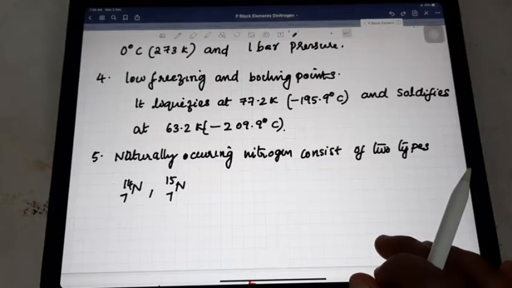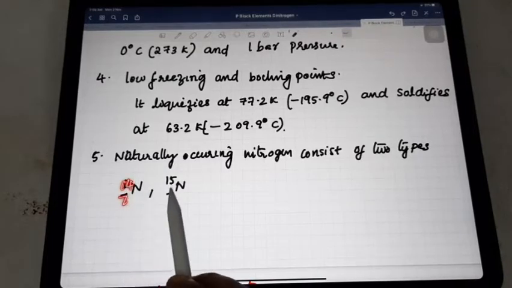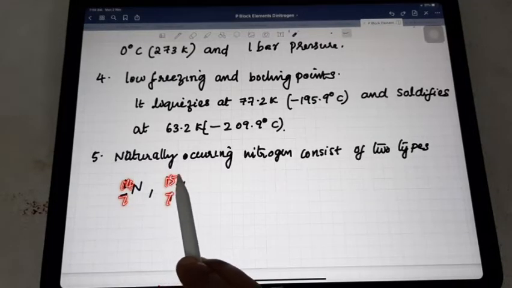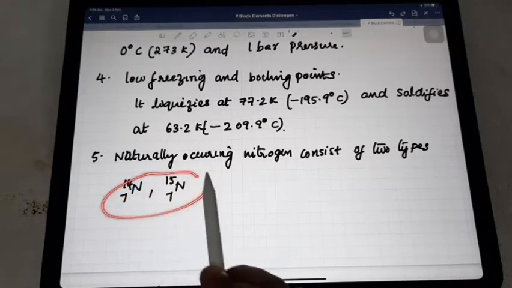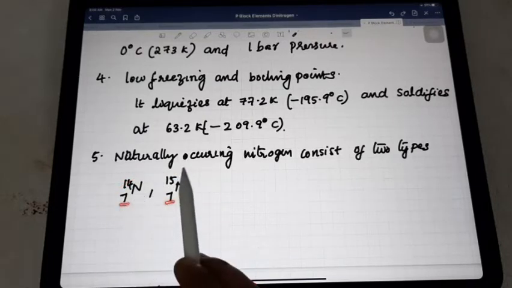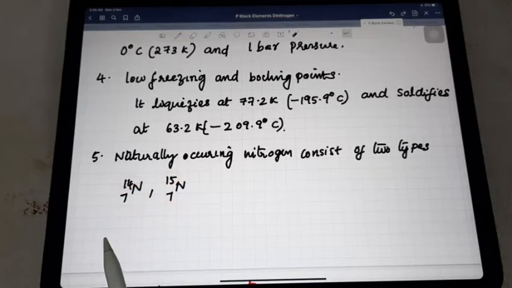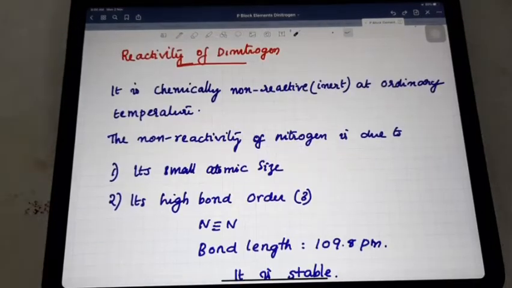Nitrogen's atomic number is 7, mass number is 14. Nitrogen atomic number is 7, mass number is 15. These are the 2 isotopes. Why are they said to be isotopes? Their atomic number is the same, only the mass number is different. So that's why we can say that these are the 2 isotopes of nitrogen.